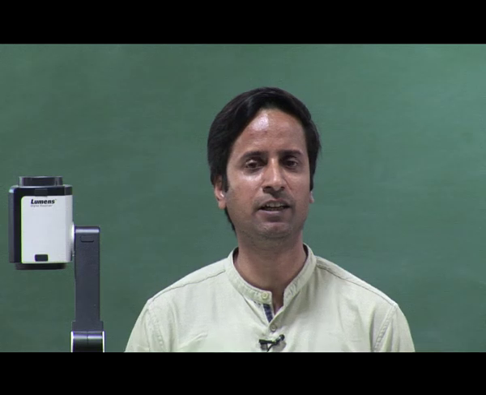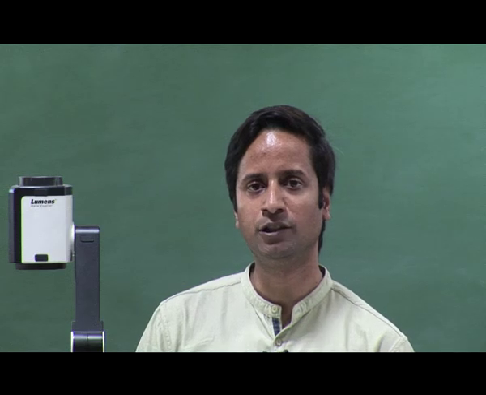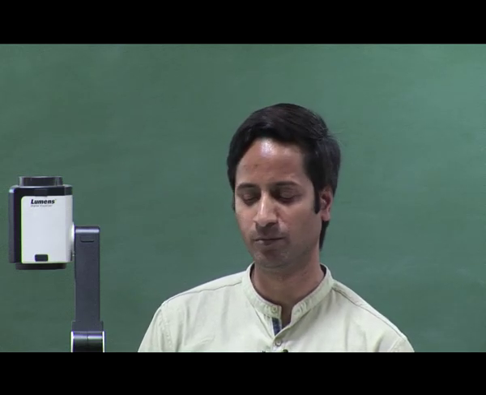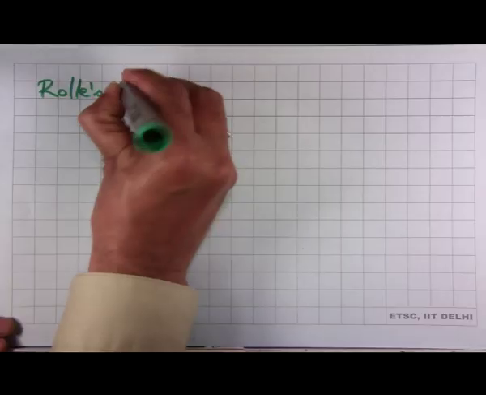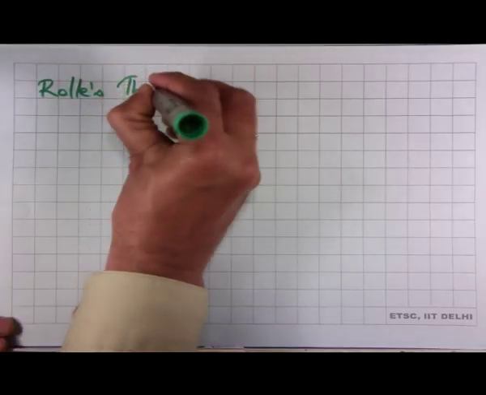So, after this, next we will learn the two other very important theorems on derivatives, which are Rolle's theorem and the mean value theorem. So, let me first state Rolle's theorem.